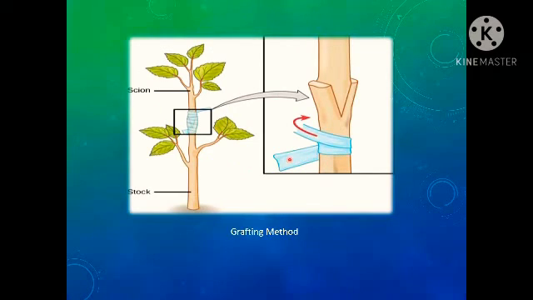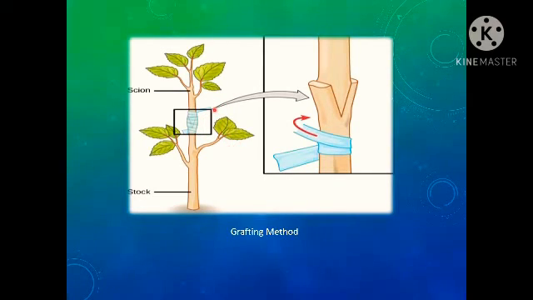Both are cut at an oblique angle, any angle other than a right angle, placed in close contact with each other, and then held together as seen in the figure. Matching up these two surfaces as closely as possible is extremely important because this will hold the plant together. The vascular systems of the two plants grow and fuse, forming a graft.